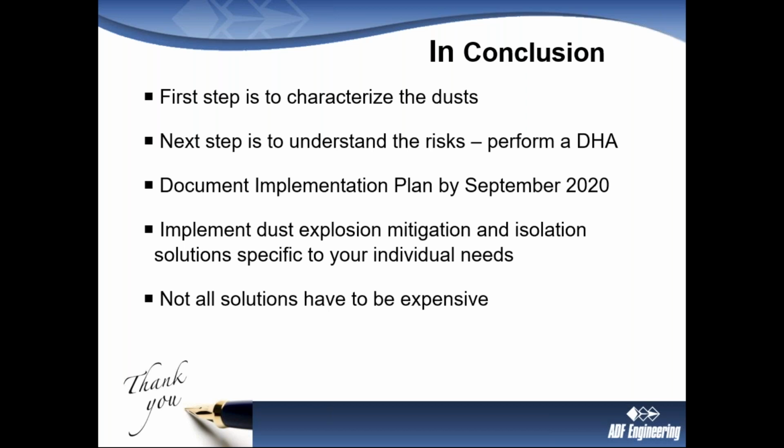So if you just have a handful of nodes and no more than 2 or 3 dusts, you're probably in the range of $10,000 to $15,000 to have the DHA completed. If you're a larger facility, like an oil seed, a soybean crush facility, for example, you're going to deal with quite a few nodes. It's a large facility. You're going to be up in the $20,000 to $25,000 range.